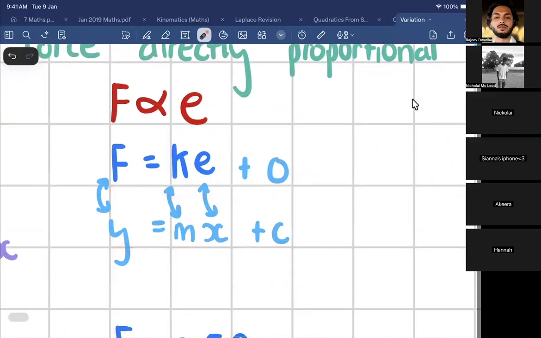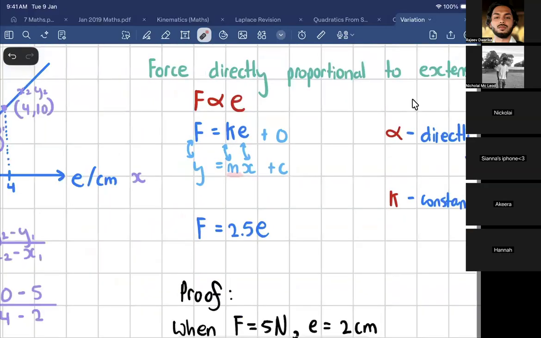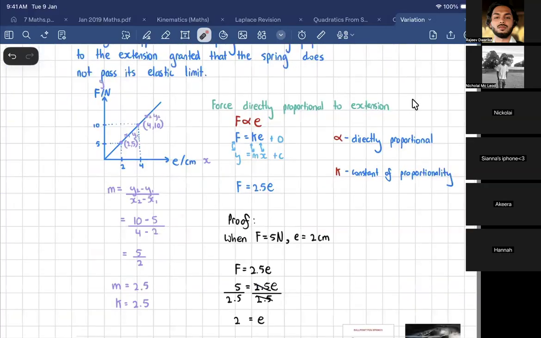When you look at it, y is what? Force. And what is x? Extension. And so what will the gradient give you? K. Yeah, the gradient will give you K.